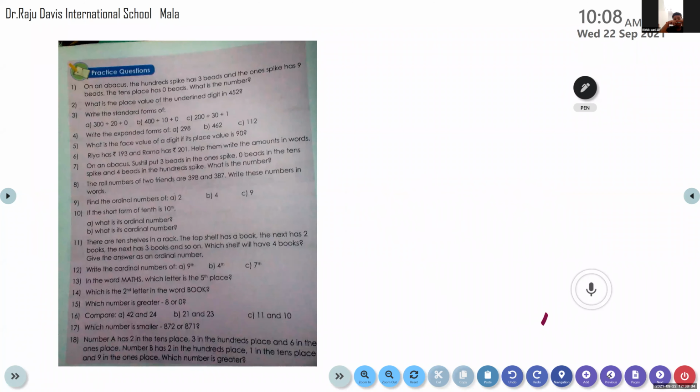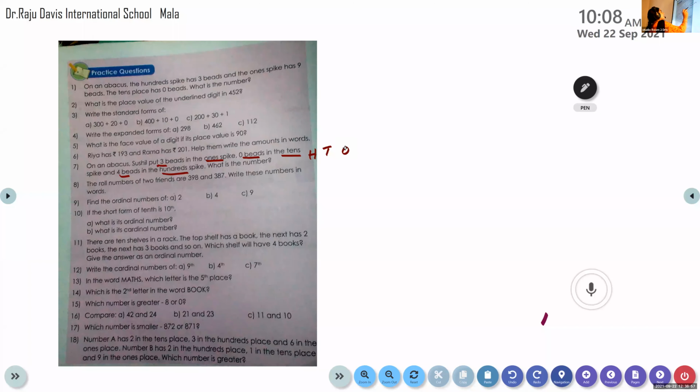On an abacus, Sushil put 3 beads in the one spike, 0 beads in the 10 spike, 4 beads in the 100 spike. What is the number? HTO.